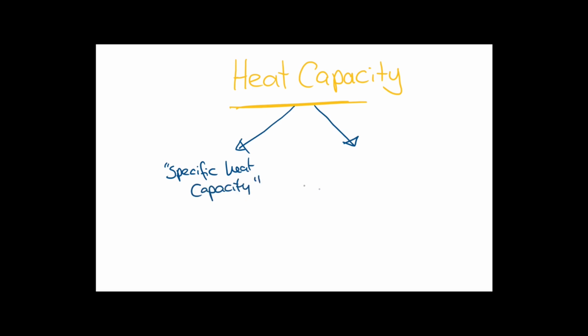Sometimes it's called the sensible heat capacity, but for our purposes, we're going to call it specific heat capacity. That's what your exam will refer to it as, so I'm going to call it that. The other type of heat capacity is latent heat capacity.